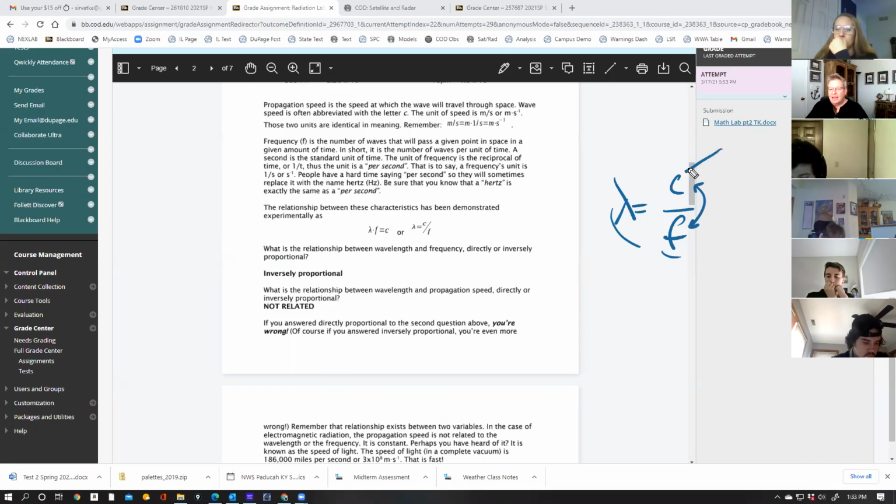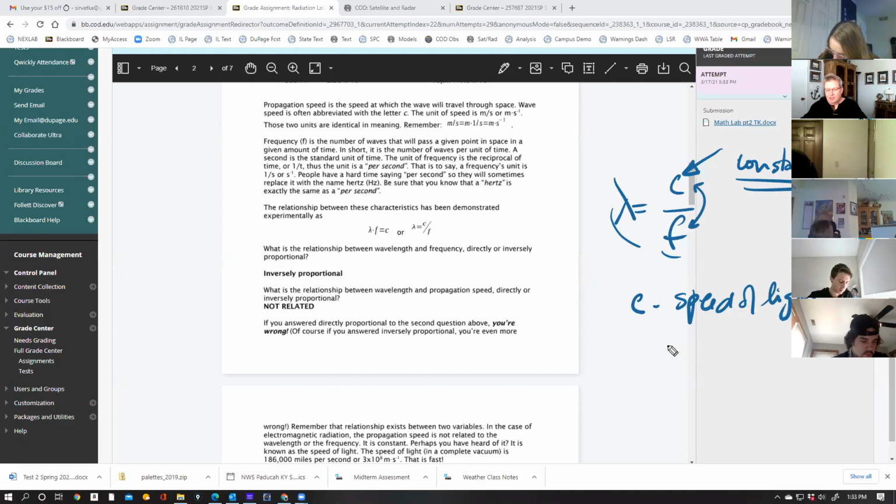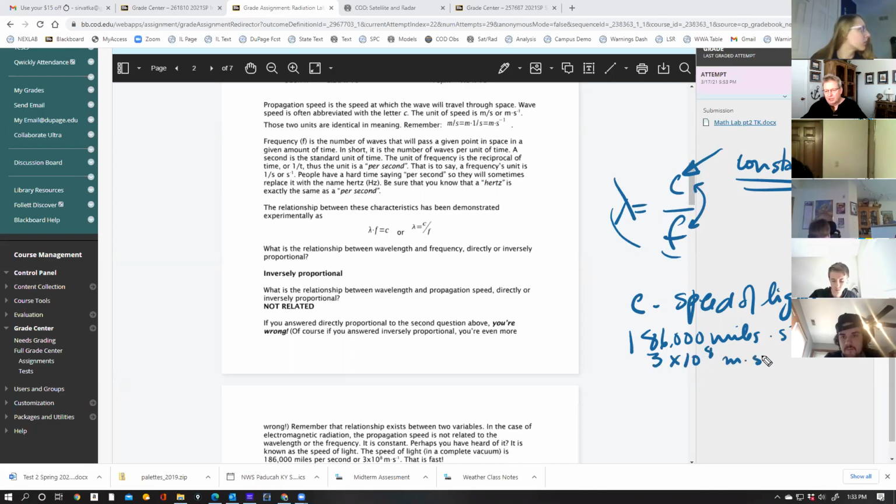And why is that? Because the speed of the wave traveling through space, the propagation speed, is constant. And it's always constant. And we call that the speed of light. And the speed of light is 186,000 miles per second, or in metric, 3 times 10 to the 8th meters per second.